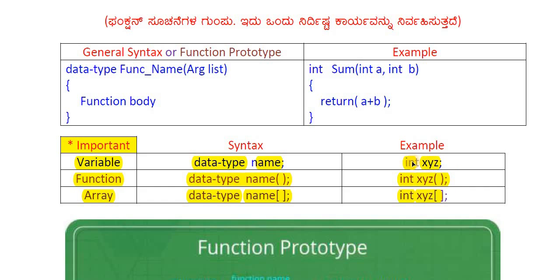Any identifier or name used with a data type will be a variable. If the same name is attached with opening and closing parentheses, it becomes a function. If attached with square brackets, that identifier becomes an array. This is the difference between functions, arrays and normal variables.